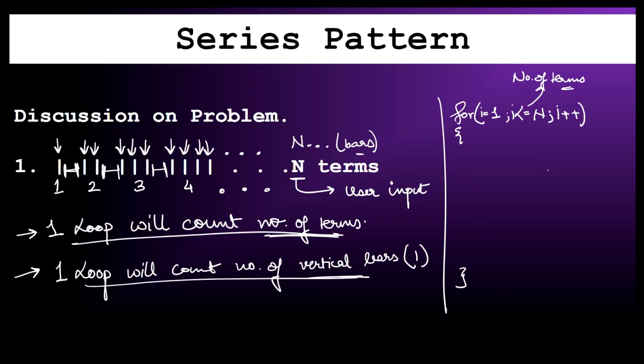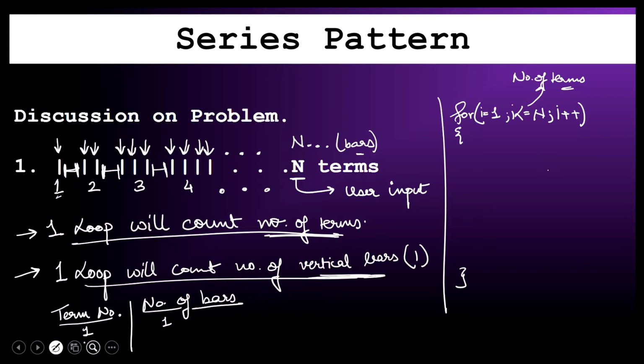Now see how the structure of the next loop will be, that is the loop inside the first loop which is counting the number of vertical bars. If I make a calculation over here, this is the term number, and this is the number of bars. In term number 1, the number of vertical bars is 1.